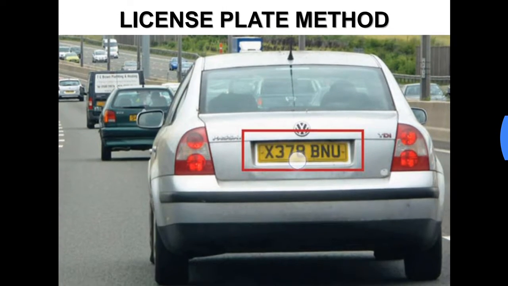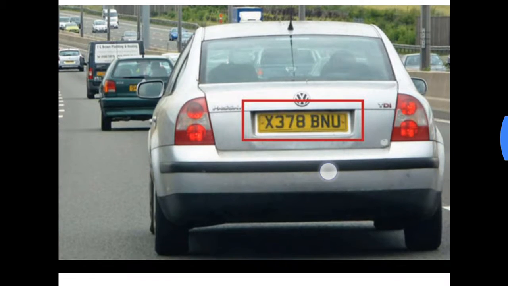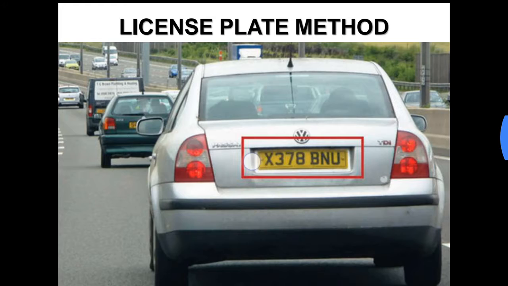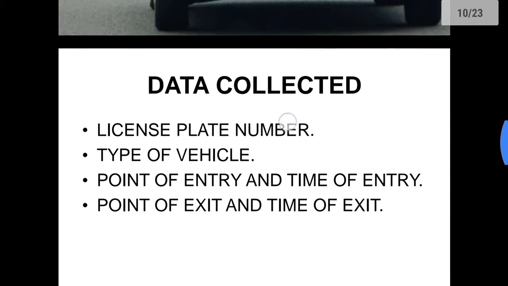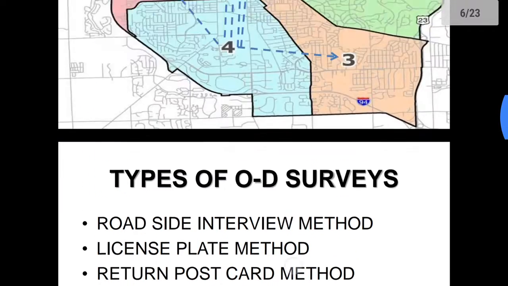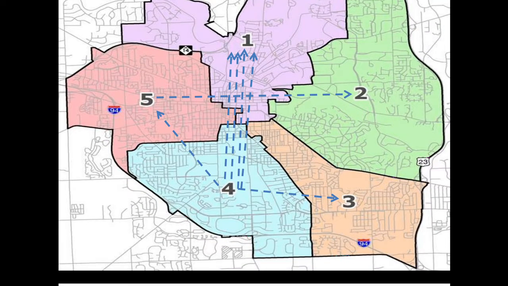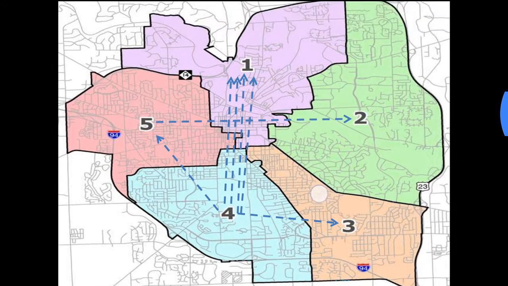Now the next method is license plate method. In this method we record the license plate numbers of the vehicles while they enter the cordon line. Okay, while they enter the study area. Now there could be different roads entering into the study area.